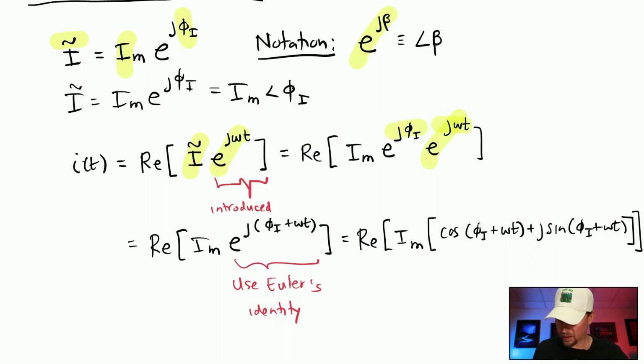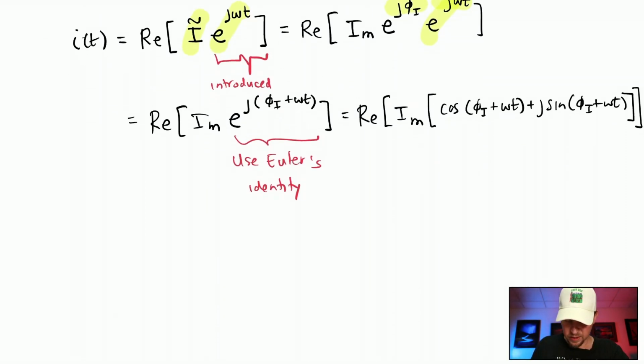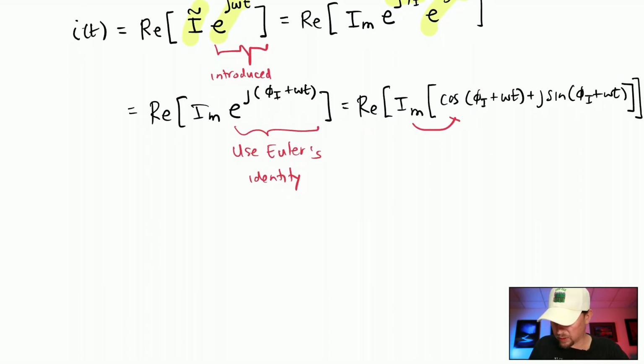Notice that I can distribute this I sub m to both of these. And since I sub m has been assumed to be real, the real part of the sum only consists of this part. Why? Because we have that j there, making the second part a complex number.